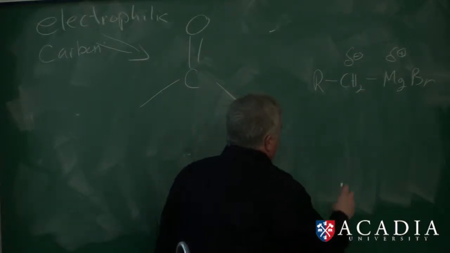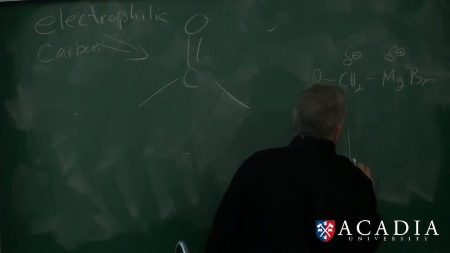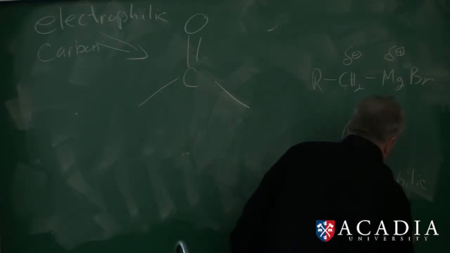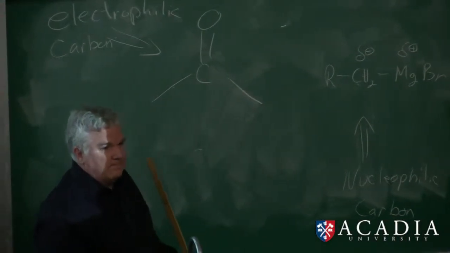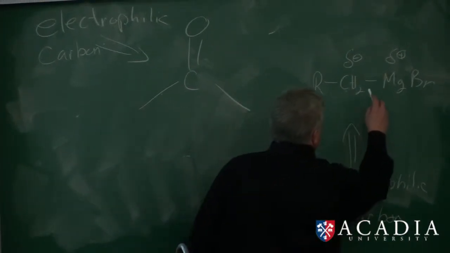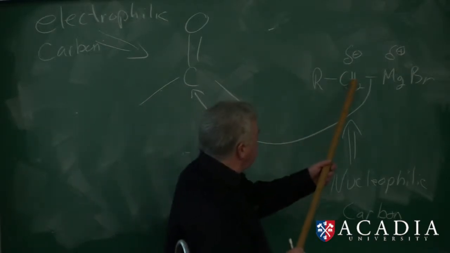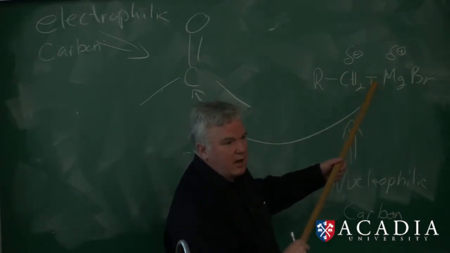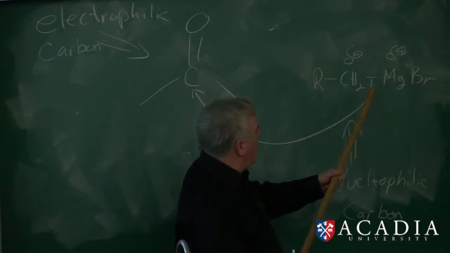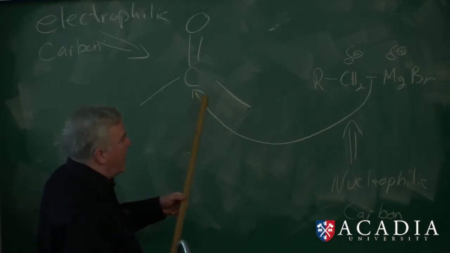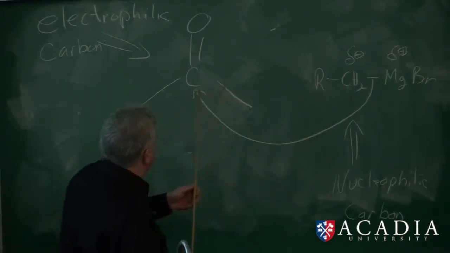We also have now our nucleophilic carbon, okay? And we're going to move our electrons, and I'll point it right to the atom, where the electrons that are involved in this carbon-magnesium bond, which is very polar, some might argue ionic, are going to rearrange and become a bond between this carbon and this carbon.